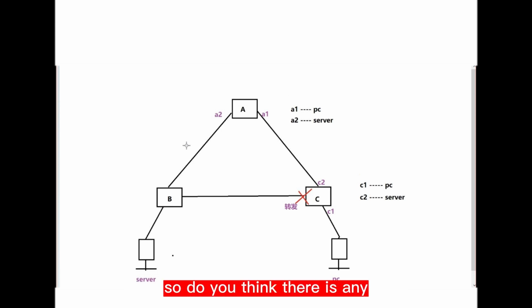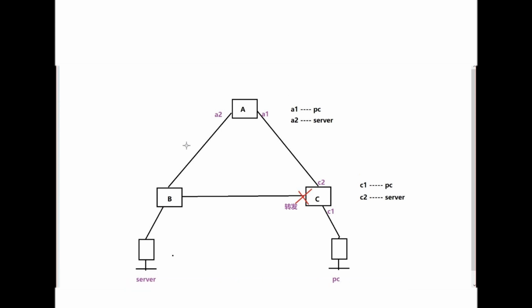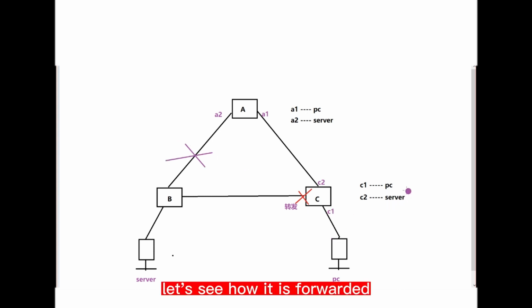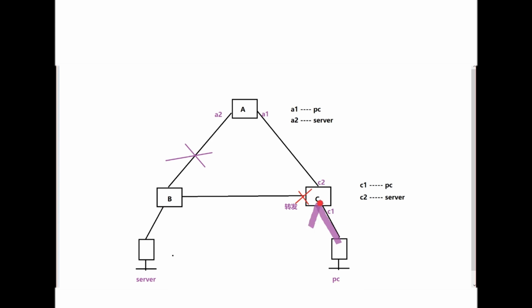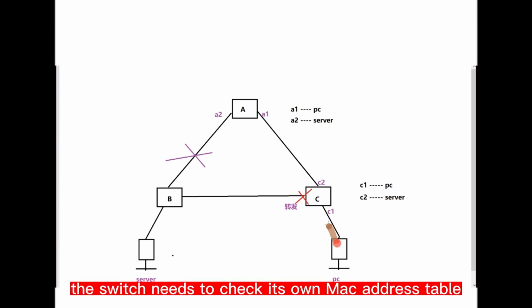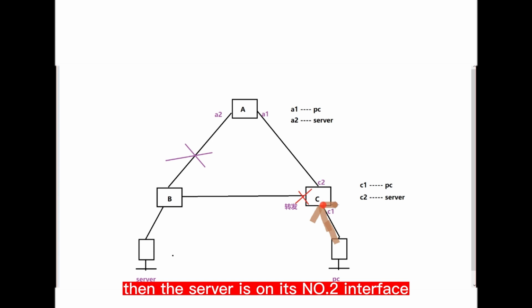So do you think there is any problem with this forwarding process? Now the line is broken. Let's see how it is forwarded. As a switch, the PC still accesses the server. Data arrives at the switch. The switch needs to check its own MAC address table. Then the server is on its number 2 interface.